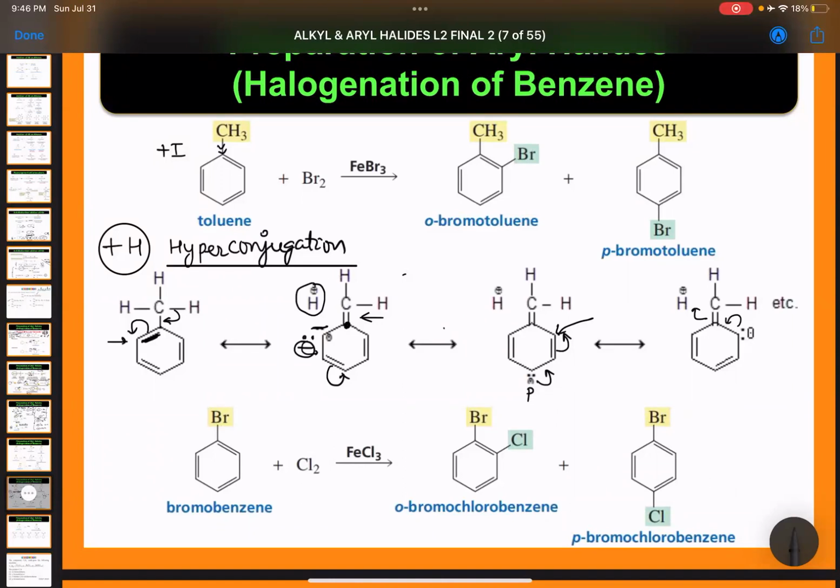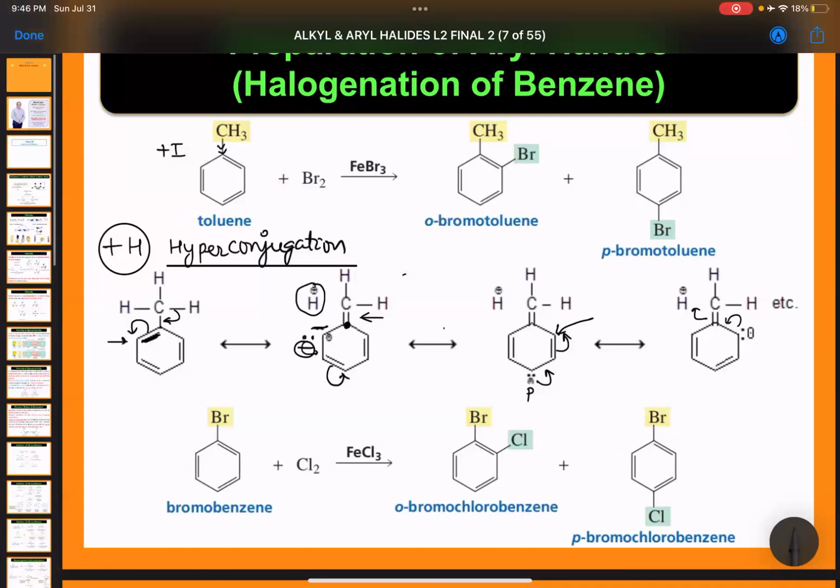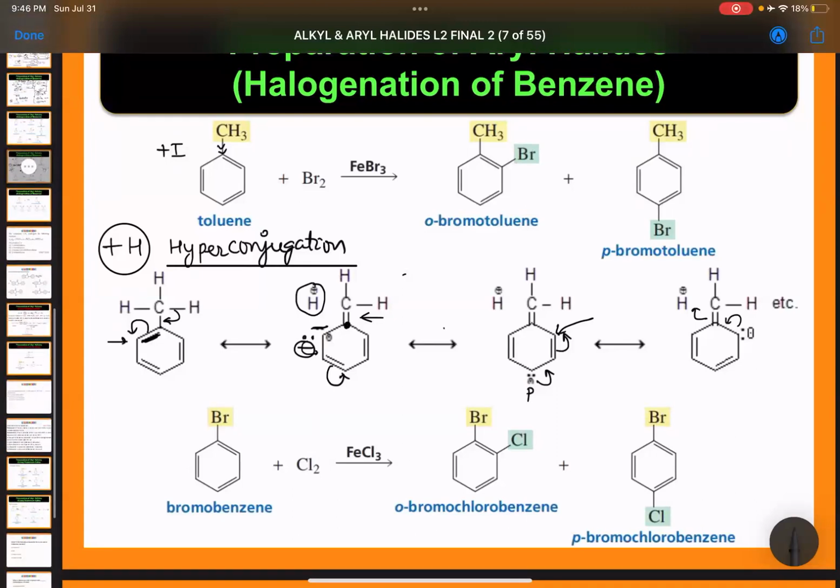What I'm trying to say is that some of the electron density of the CH bond has got into the benzene ring and has enriched the benzene. But it doesn't mean that all positions of the benzene ring are enriched by an equal amount.